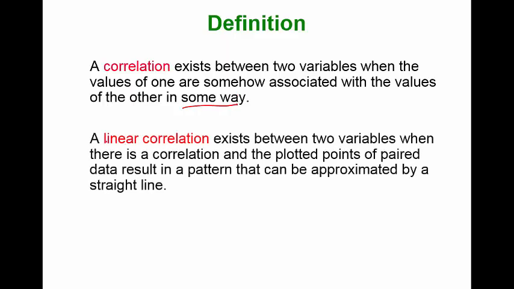A linear correlation talks about the relationship between the two variables as being linear, and what that means is that if you were to plot the points of the paired data on an XY plane, then the pattern of that can be approximated by a straight line.